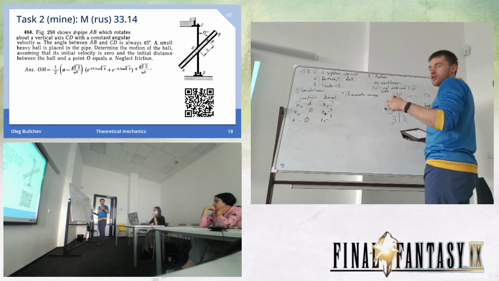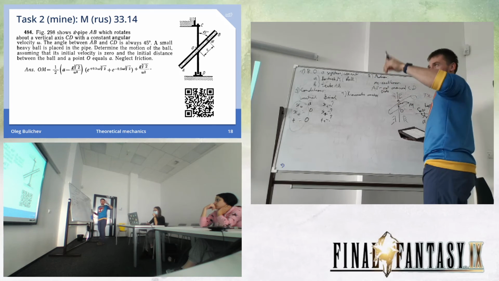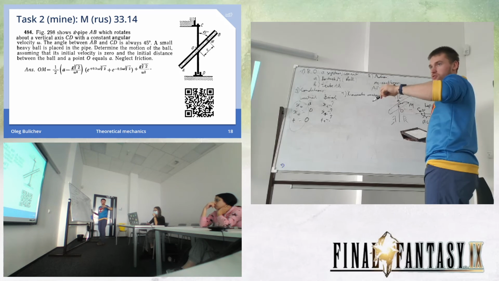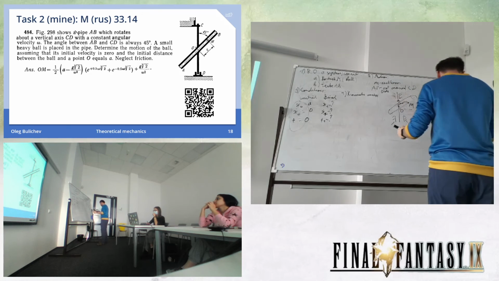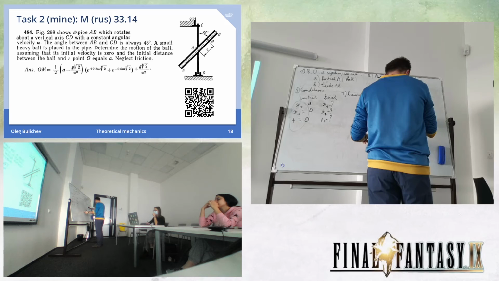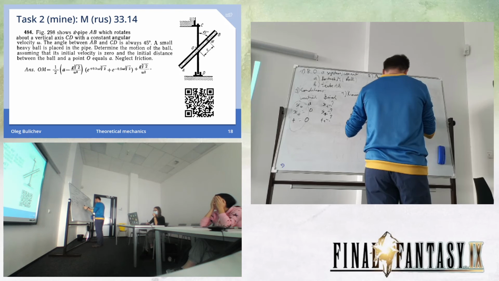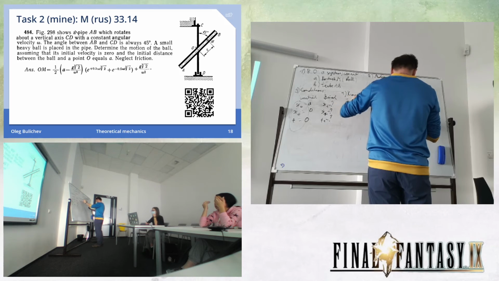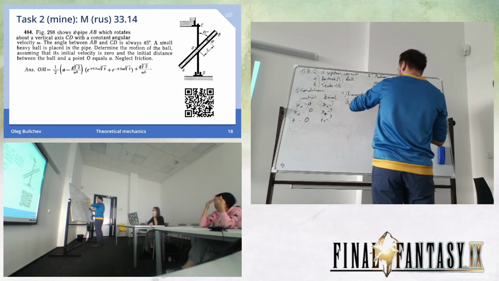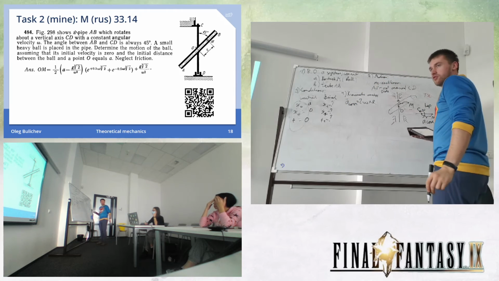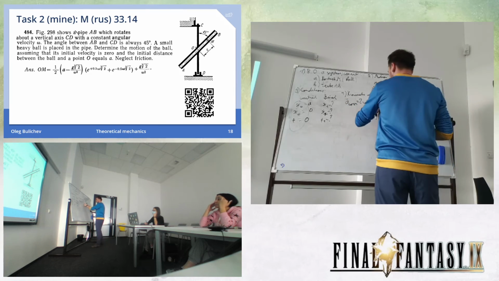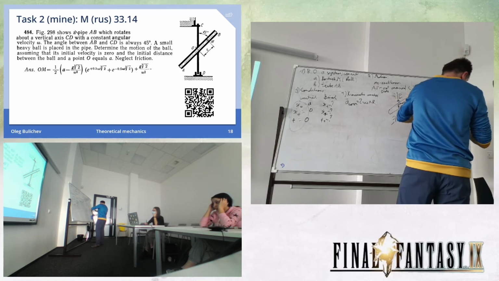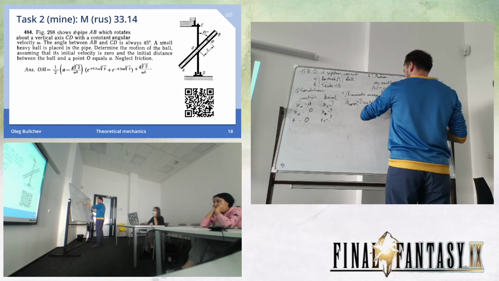As you remember, it should be in the negative sign of your acceleration. What we are doing there: Coriolis acceleration, it should be 2 omega times V relative.